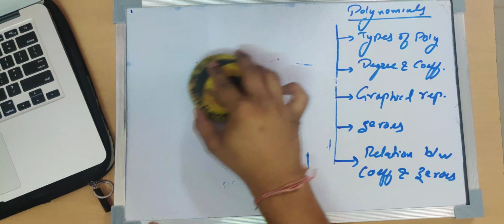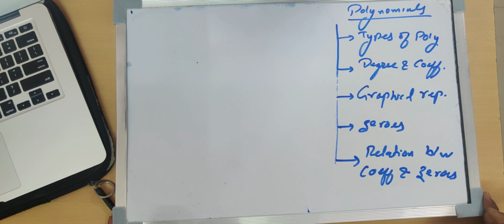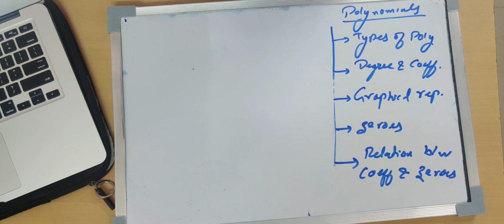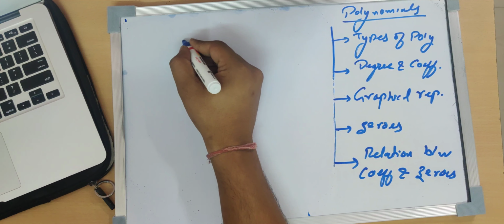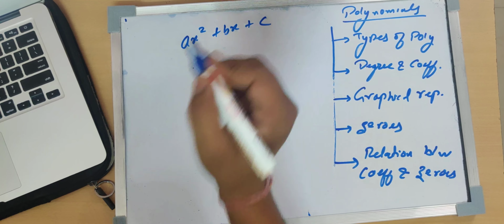Now we will move on to the next topic, which is the zeros of the polynomial. What actually are the zeros of the polynomial? In this particular chapter, polynomials in class 10th, we broadly will discuss the quadratic polynomials and the cubic ones, right? We will not study the linear ones as they were easy and we have already studied them in class 9. So we will take an example of a quadratic polynomial.